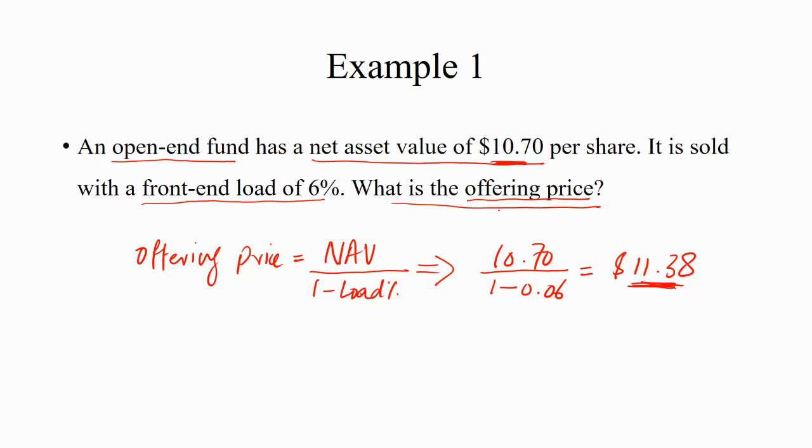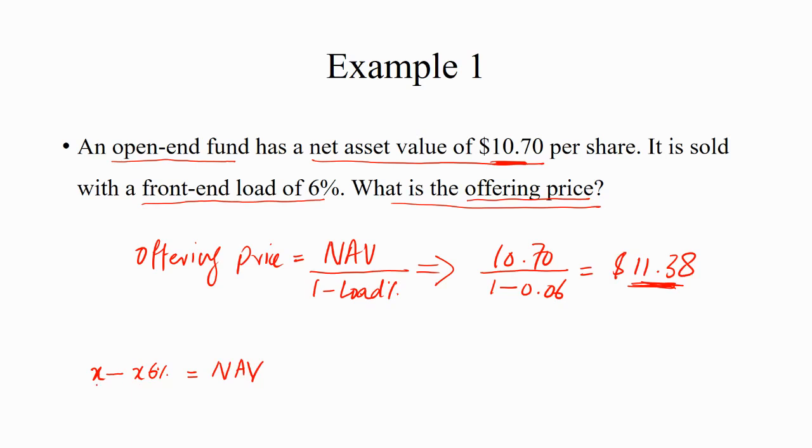Since I'm interested in finding the offering price, I can call this offering price X. What I'm saying is: how much should this X, or offering price, be, so that when I subtract the front end load, which is 6% of this offering price, I get back my net asset value.